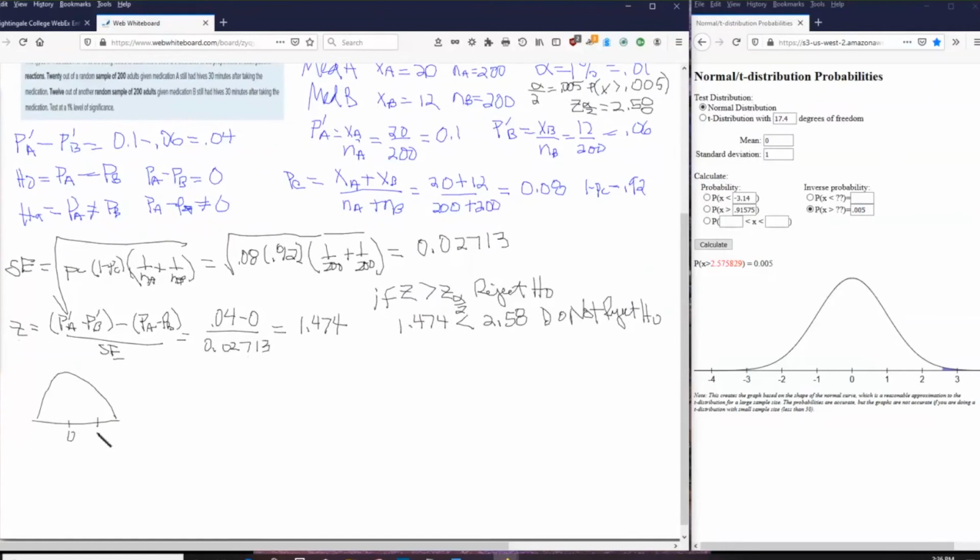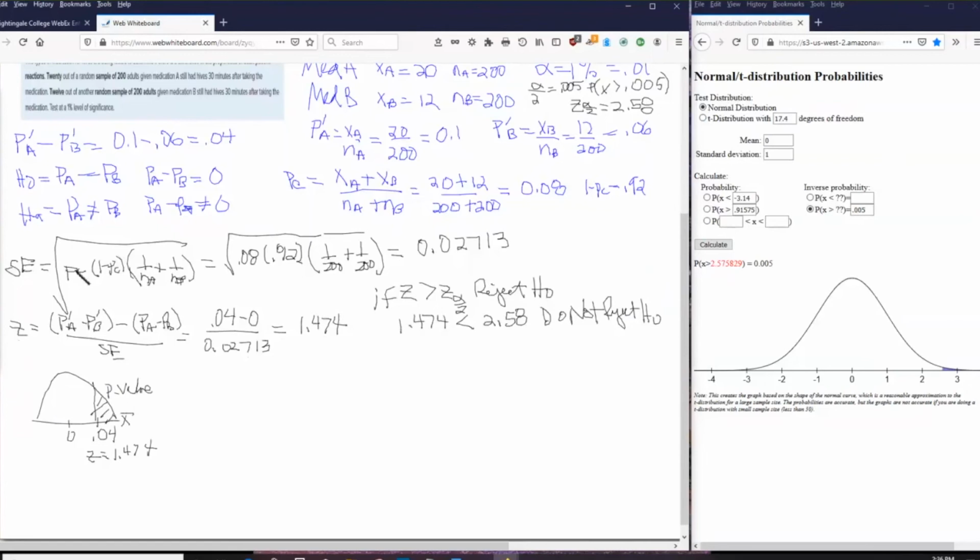We have a sample mean of 0.04, which we now have calculated to have a z-score of 1.474. And then we want to know what the p-value is for the probability that the value is going to fall in that area.